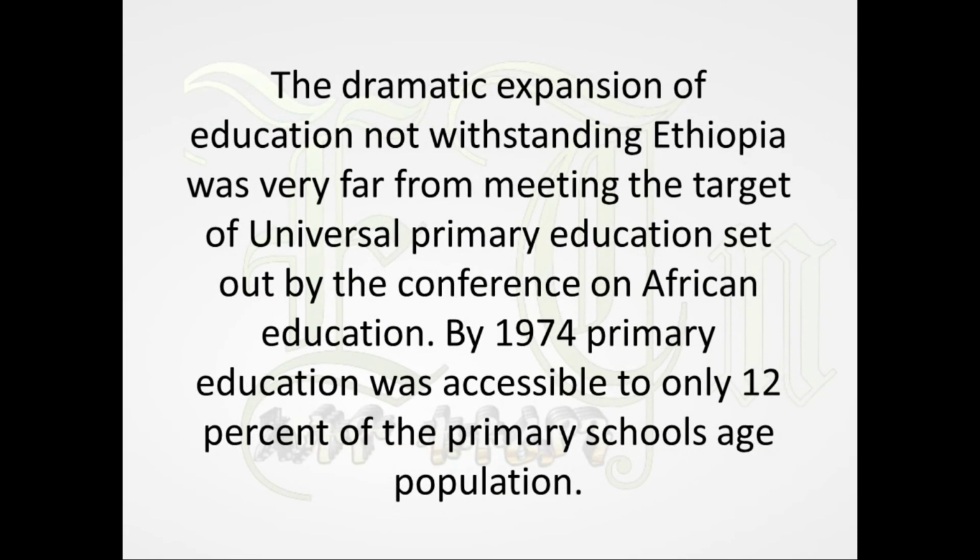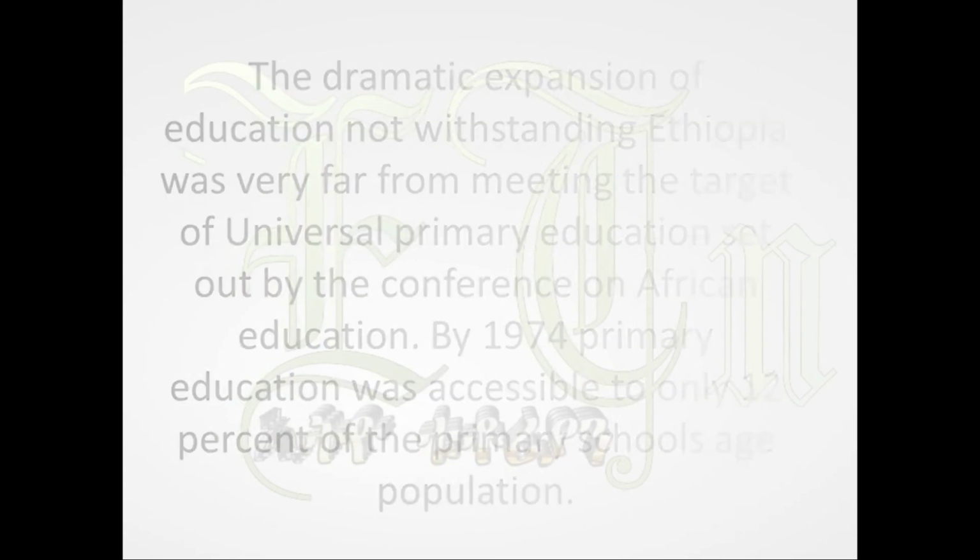The dramatic expansion of education notwithstanding, Ethiopia was very far from meeting the target of universal primary education set by the Conference on African Education. By 1974, primary education was accessible to only 12% of the primary school age population.